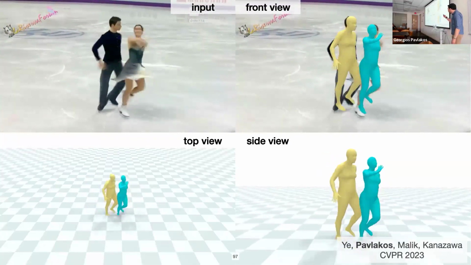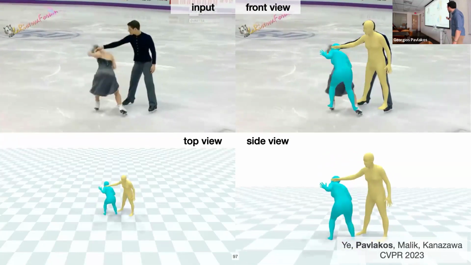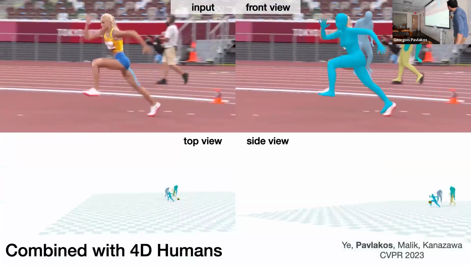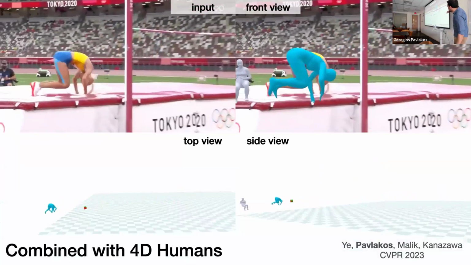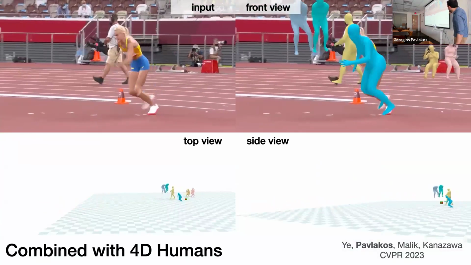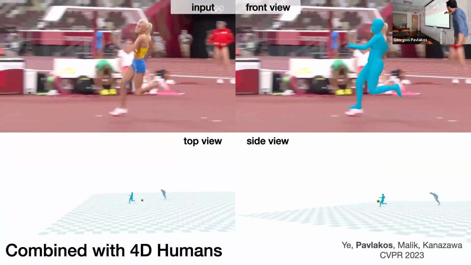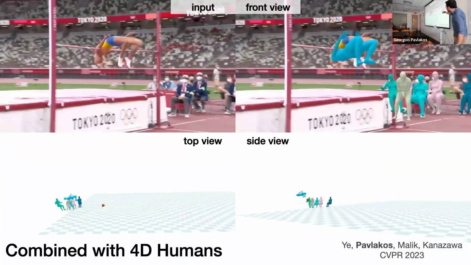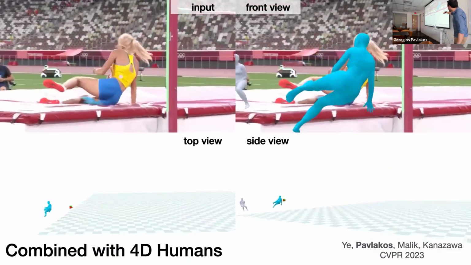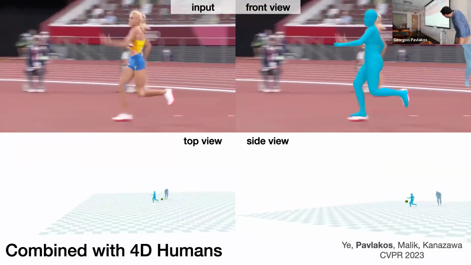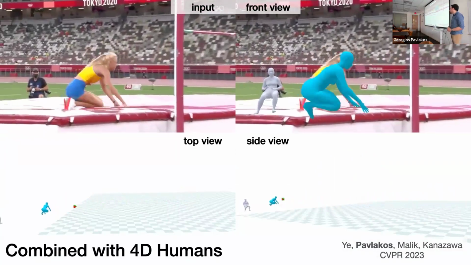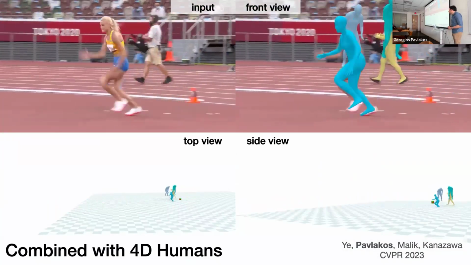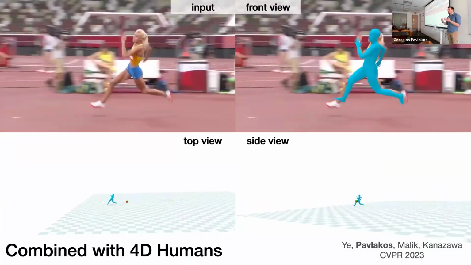And if you combine it with the best tools for the reconstruction, you can get both the pose of the people and their displacement over time, the actual location in the field, and hopefully also the height. I haven't tested that for accuracy, but you can see how the person is actually jumping high above the ground here. So this is currently how we are dealing with this 4D reconstruction.